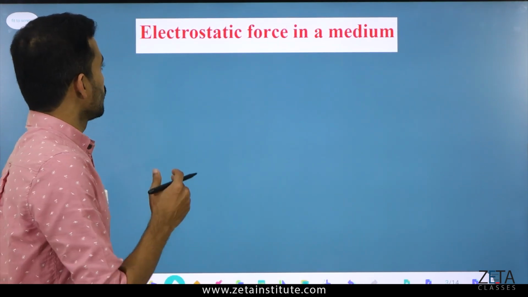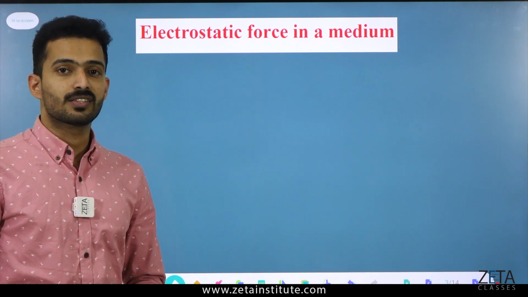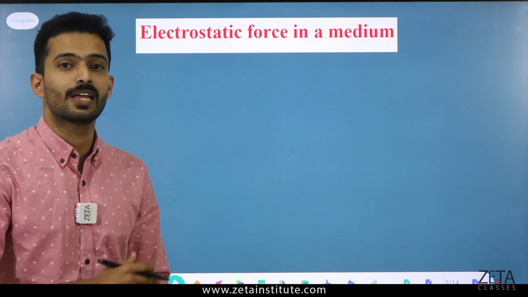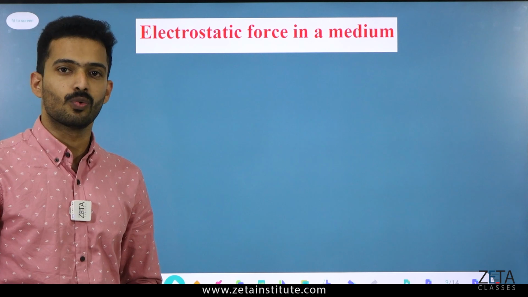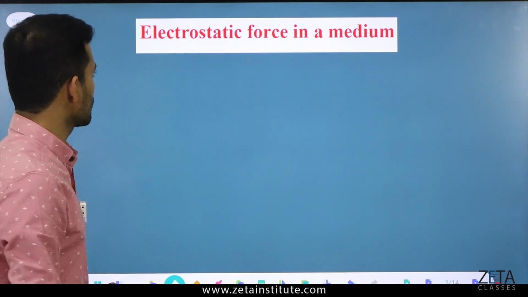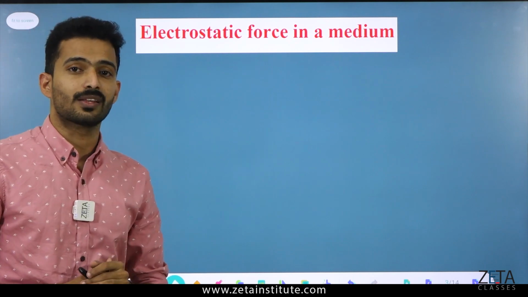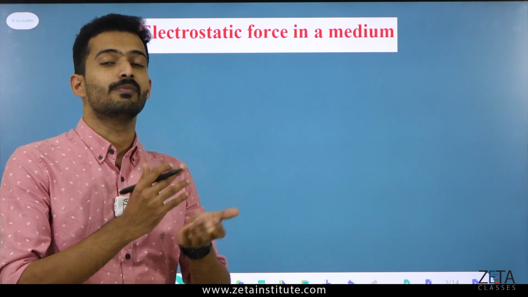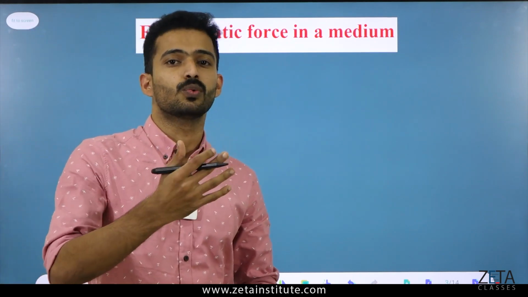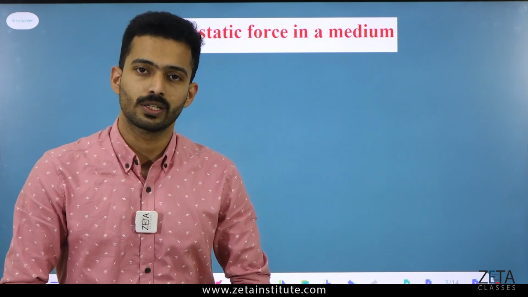So we have already discussed the force between two charges when placed in air or vacuum. Next we are discussing the electrostatic force between two charges when placed in a medium. For example, we are placing two charges in water.